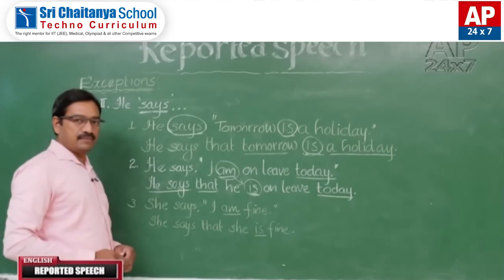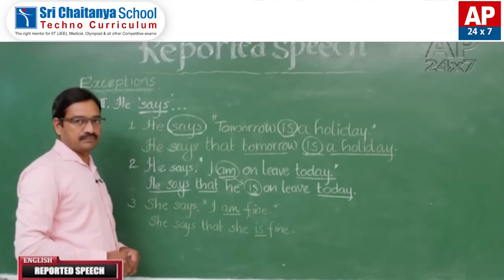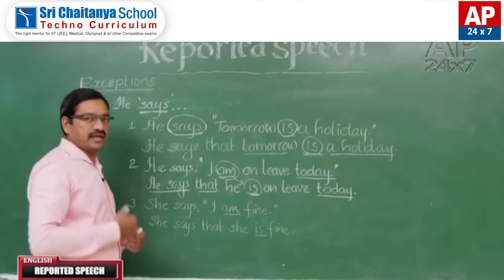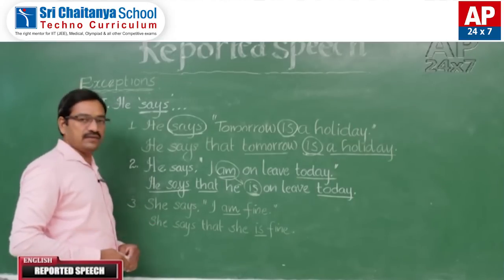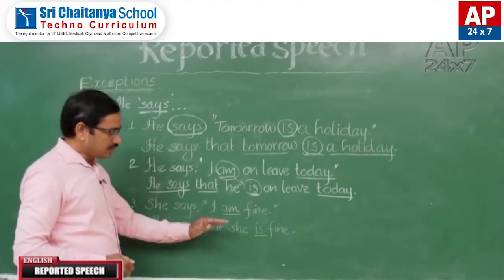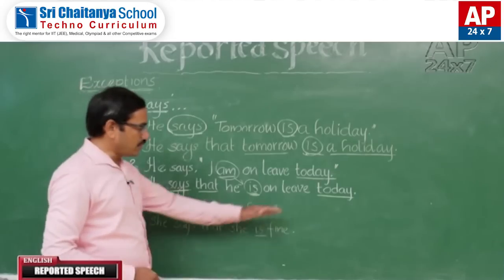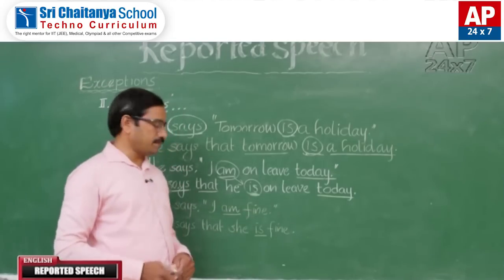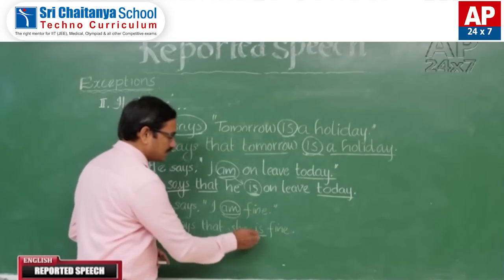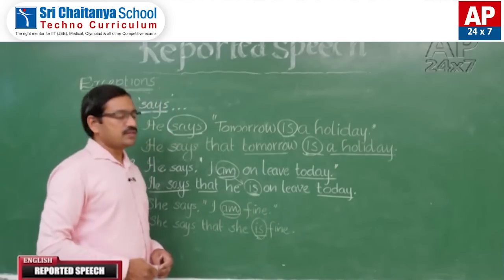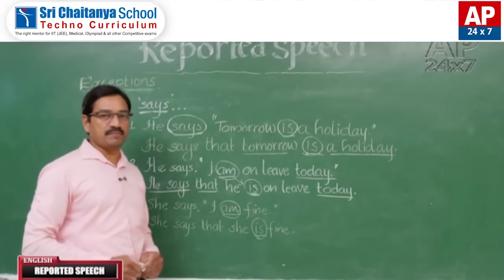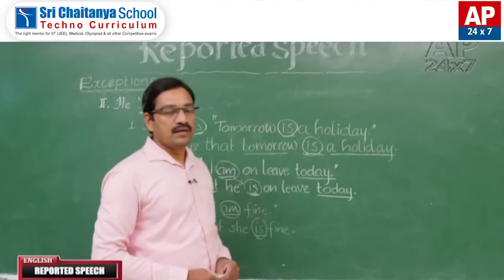Another example, she says, I am fine. She says, I am fine, today I am fine. And the reported speech is, she says that she is fine. If there is a today here, that today will be repeated here. So, this is the present tense, we have retained the same. This is a special case we have to remember in the examination especially.